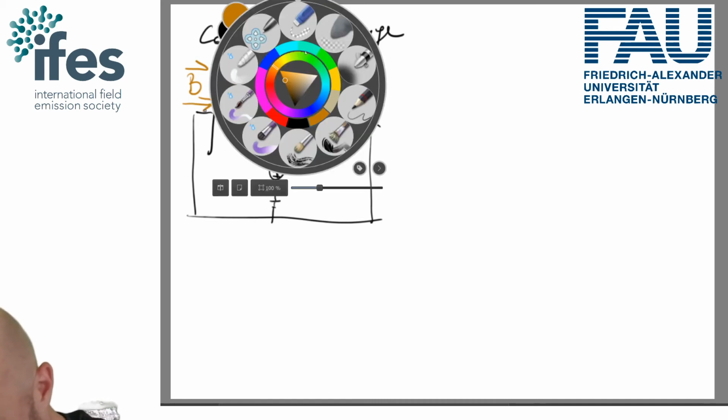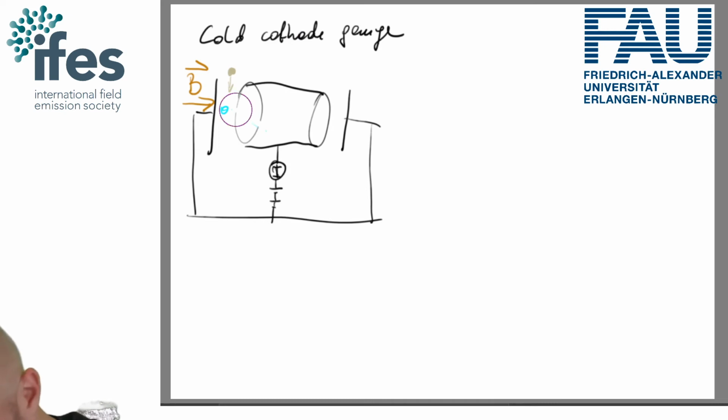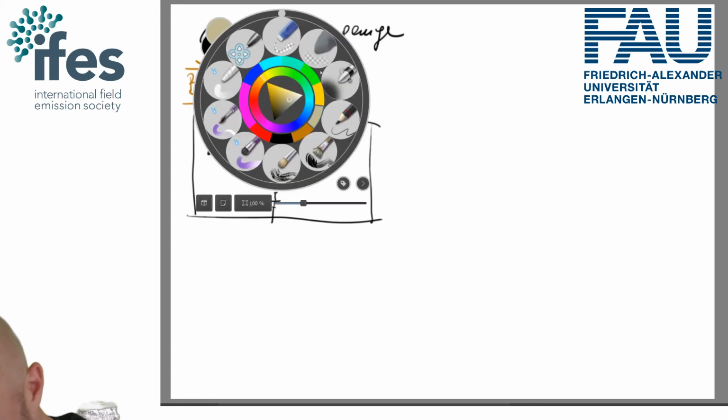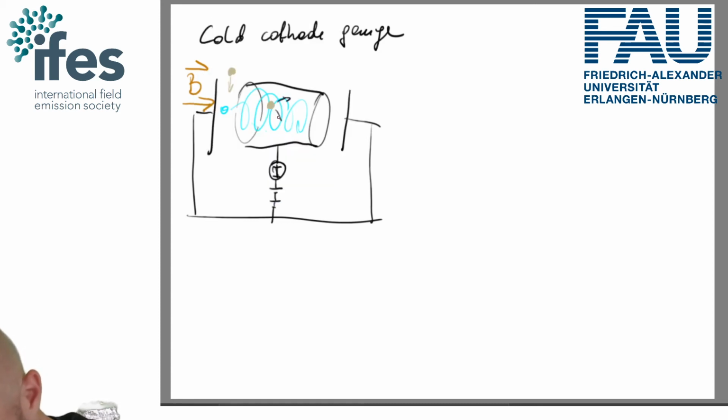So our electron does the spiral motion again, until it hits the cathode and hopefully ionizes a neutral, hopefully hits a neutral and ionizes it into an electron and into a positively charged ion, and a positively charged ion would then obviously hit the cathode.